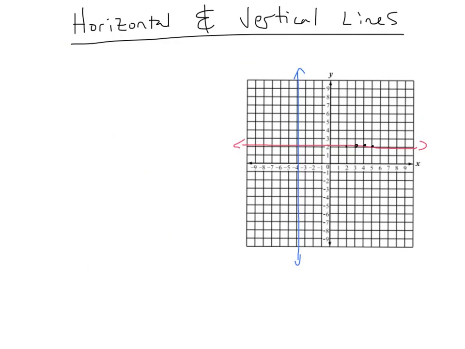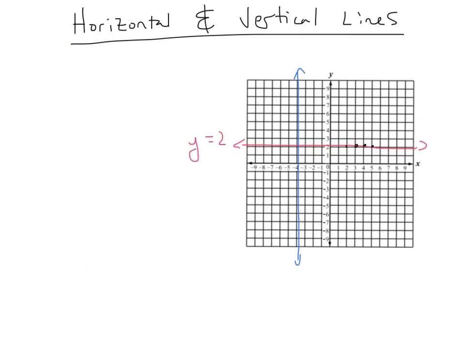Every point on this horizontal line has the same y value. So we give that equation by saying, what is that y value? Well, we've got the y value of 2. That's the equation for this horizontal line, and every horizontal line will have an equation telling us what y equals. If you ever forget, just identify a few points on there and notice the pattern. For all of them, y equals 2.